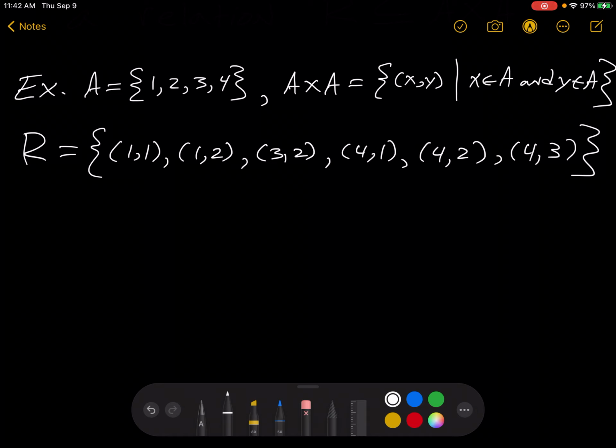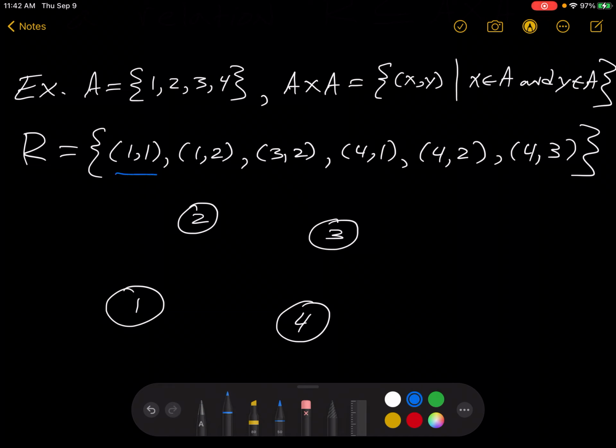Another way to represent a relation is with a graph, specifically a directed graph. All right, so first notice that (1, 1) is in our relation.